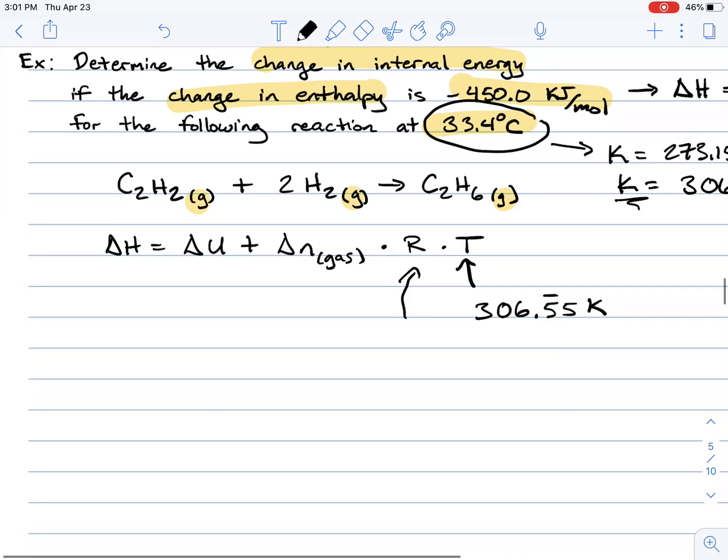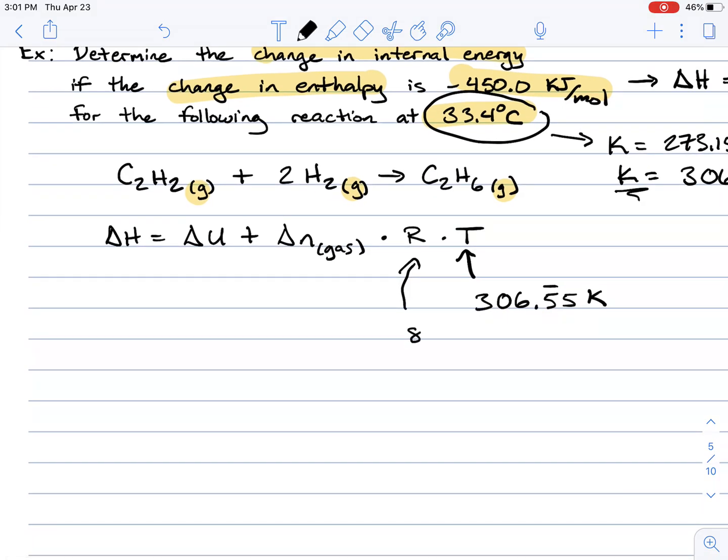Here in this case, R is 8.314, and the unit is joules per mole Kelvin. It seems silly, but I really do encourage you guys to always write your unit. If you don't write your unit, sometimes you might get the wrong answer because not all of the values that you inputted into the equation are in the correct unit, such that the units themselves will not cancel out.